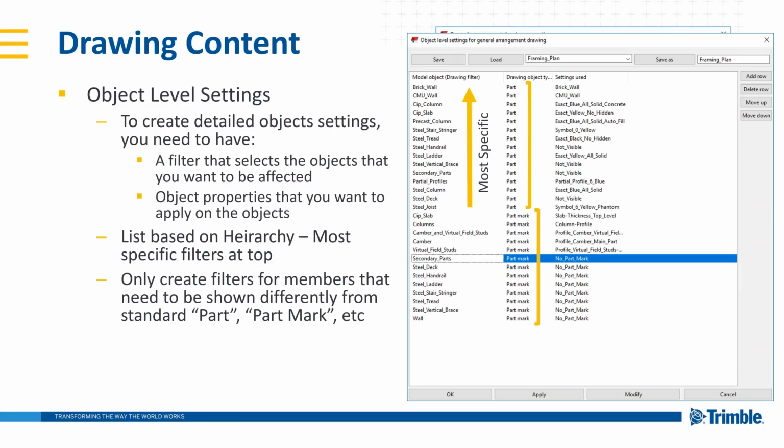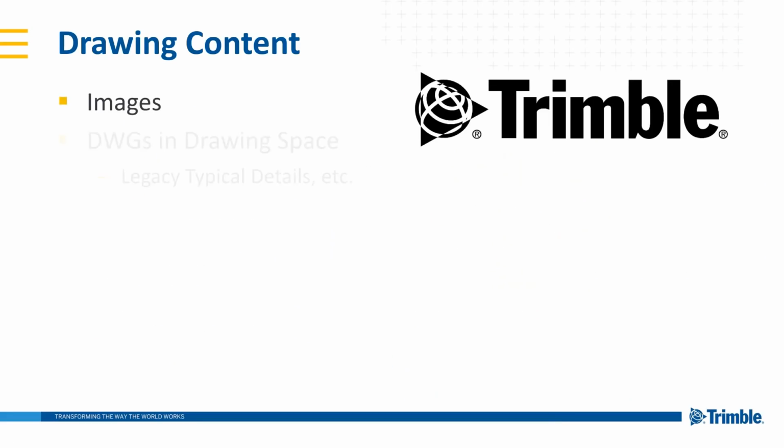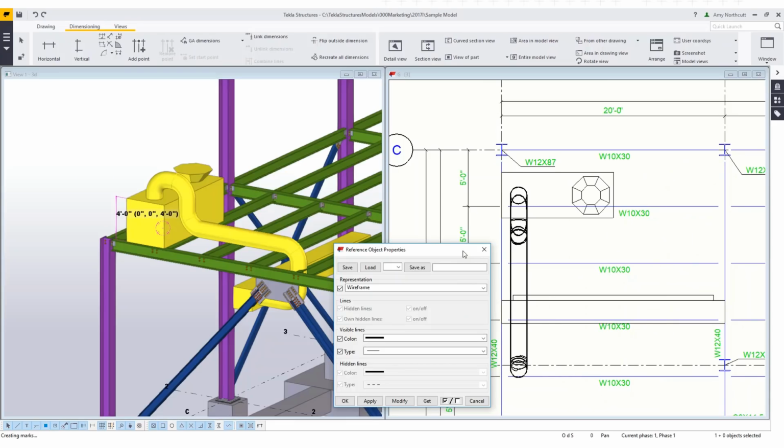For instance, if I had stairs that were being designed by others, but they had sent me their IFC, I could show the stair handrails differently than the stair treads, and differently than the stair stringers in my model, as long as I have a filter to isolate the handrails and the stringers. Then I could apply various different object representation settings to those different types of objects. So I want you all to be aware that that is a possibility, and I will move on from there.